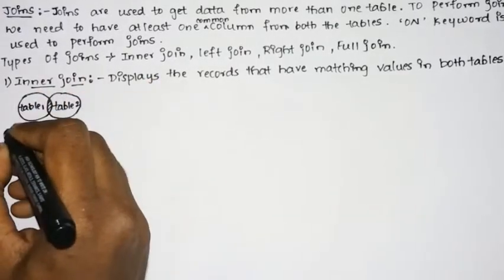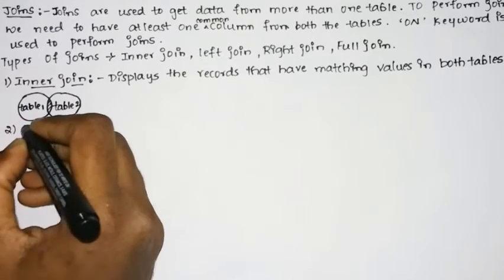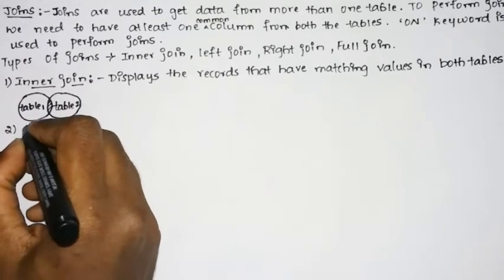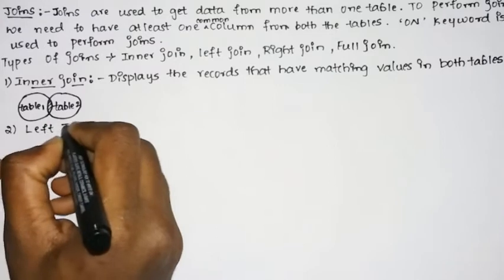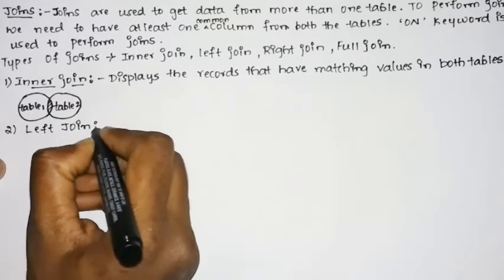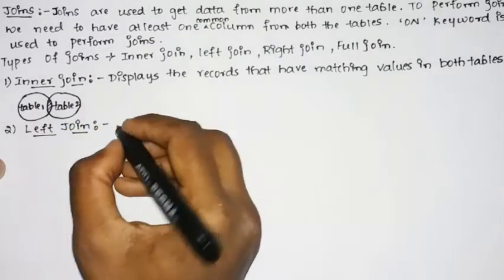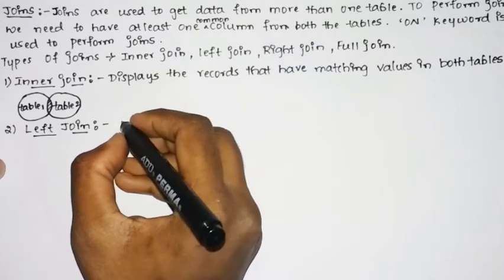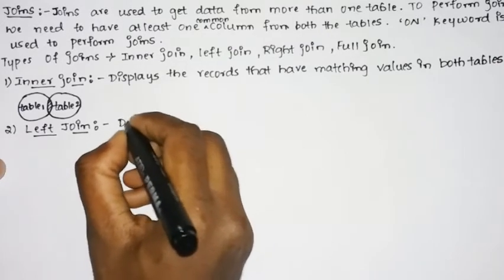Then we shall see the next type of join, which is the left join. In case of left join, you display the records from the left table.